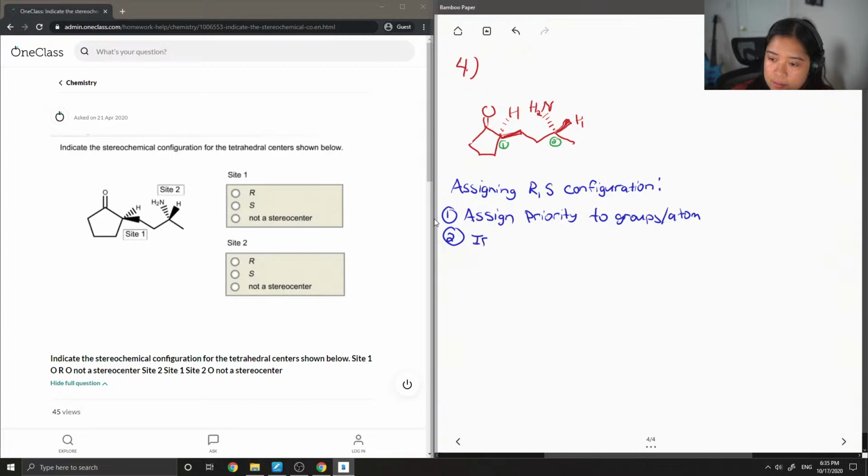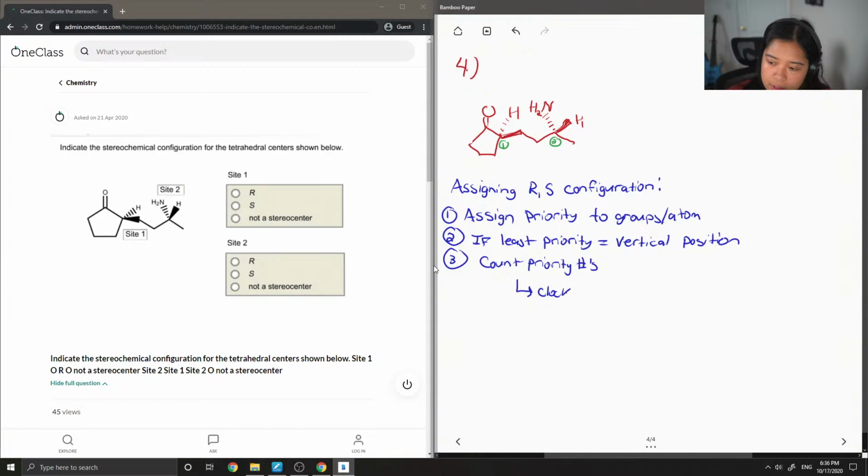And then if you have a least priority, this is going to be in the vertical position. And then you're just going to count the priority numbers and see what direction the priority is going.